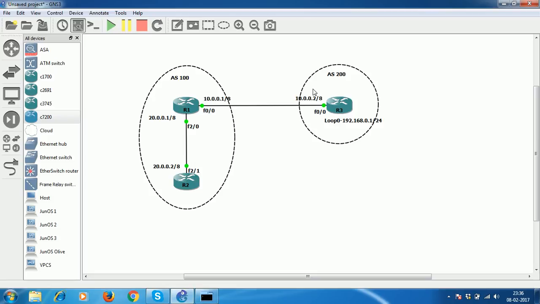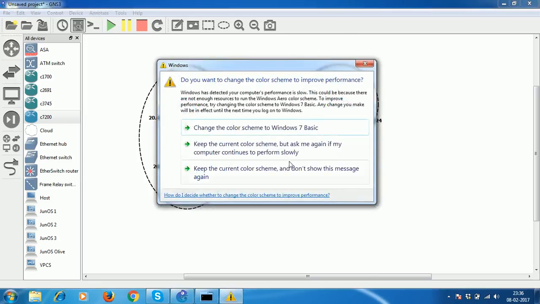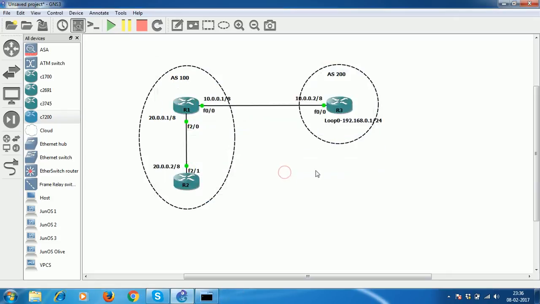Here I'm going to do the BGP configurations in all these routers. Between router 1 and router 3 it will be an eBGP neighbor, because they are in different AS and are trying to form a neighbor relationship.